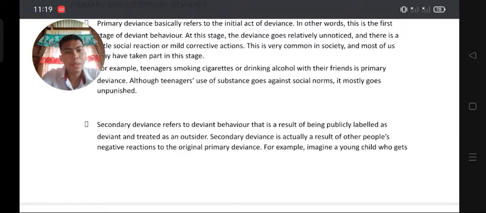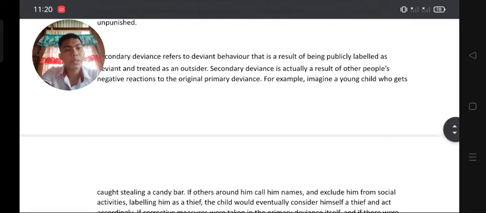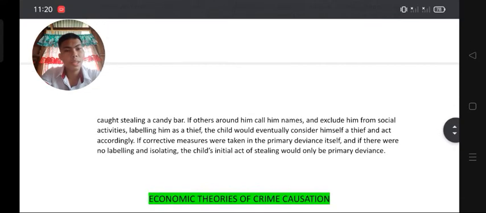Secondary deviance refers to deviant behavior that is the result of being publicly labeled as deviant and treated as an outsider. Secondary deviance is actually a result of other people's negative reaction to the original primary deviance. For example, imagine a young child who gets caught stealing a candy bar.